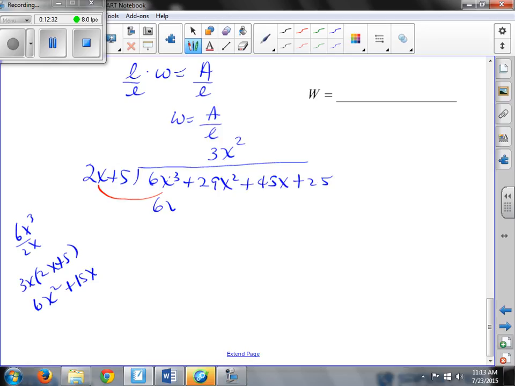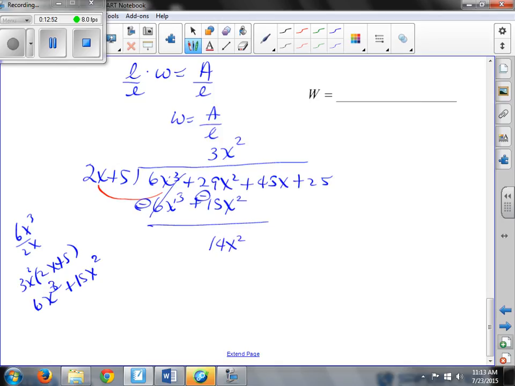I need an x squared there, 3x squared. I could tell I didn't have it right. 3x squared times 2x plus 5 gives me 6x cubed plus 15x squared. Change the signs. The 6x cubes dropped out.